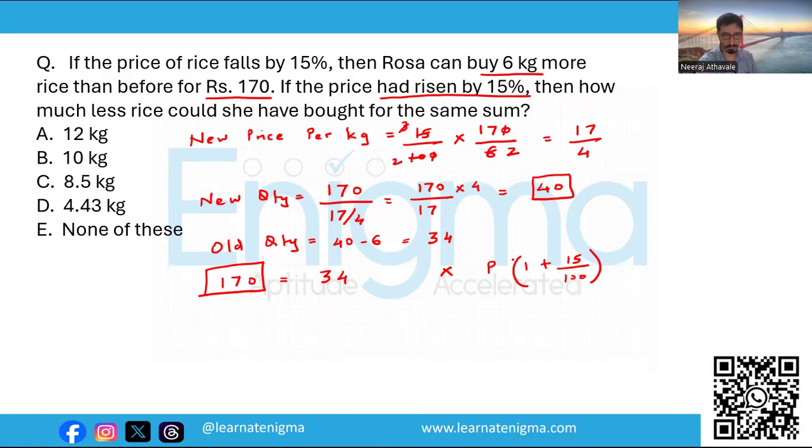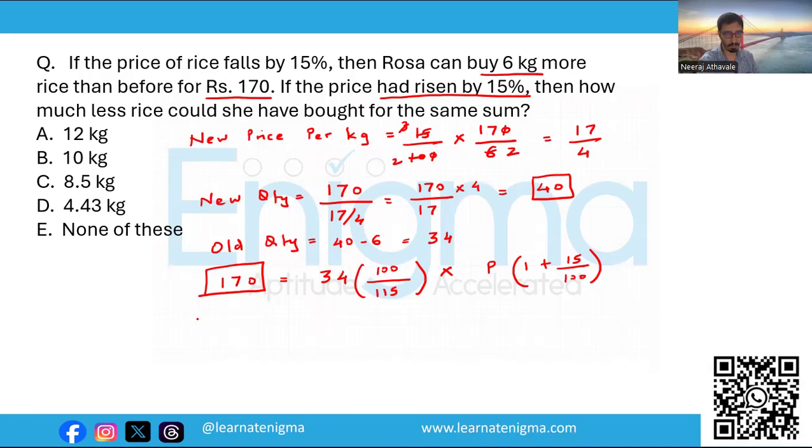So, therefore, this bracket needs to get cancelled out with this bracket. So, here it will be the reciprocal. So, 1 plus 15 by 100 is 115 by 100. Here it will become 100 upon 115.